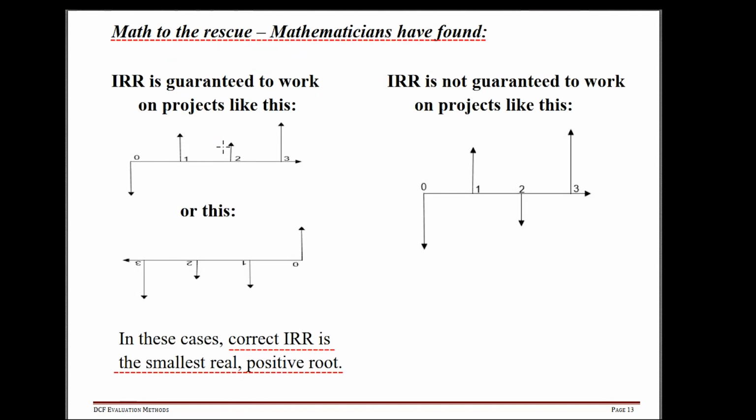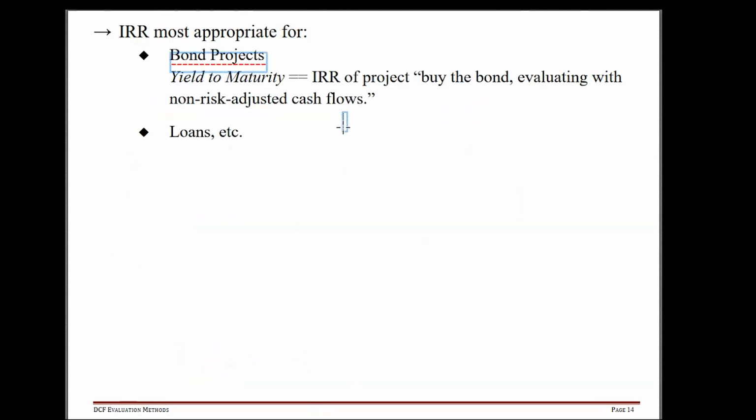Usually they have a bunch of uniform cash flows and then one big cash flow at the very end. Or they might look something like this. So the IRR method is great for bond projects, and the yield to maturity is the IRR for the project defined by the bond, evaluating with non-risk adjusted cash flows.